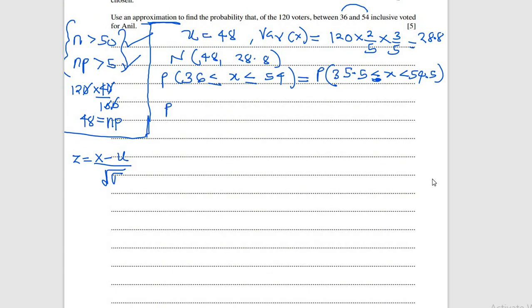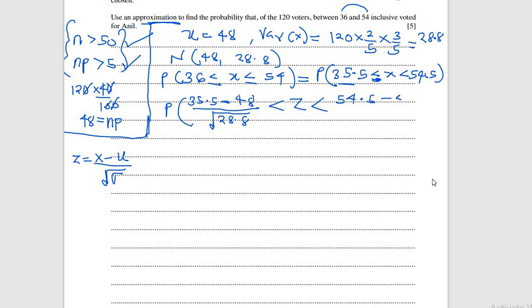The probability of, in this case, what's our x? 35.5 minus mean, our mean is 48, over the square root of variance, that's 28.8. After using this formula, this x turned to z because you're standardizing it. Less than our upper limit, 54.5.